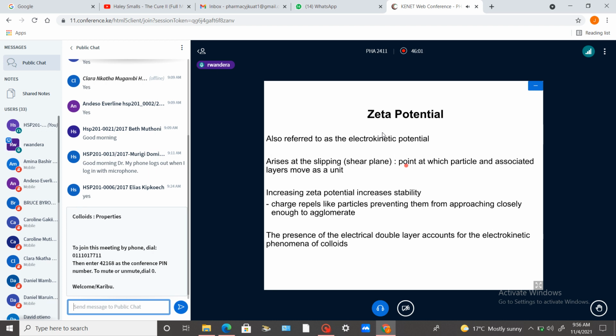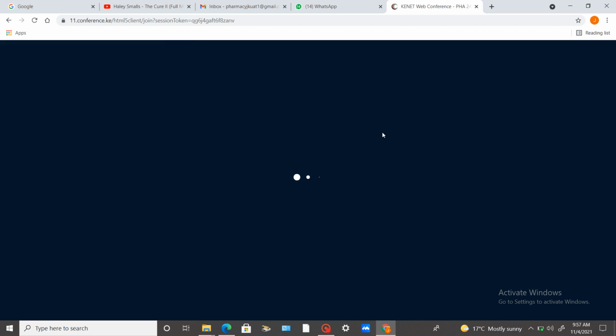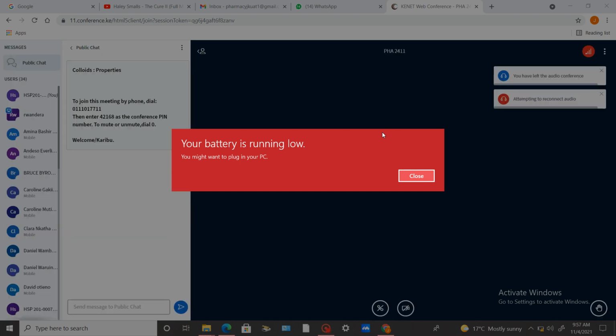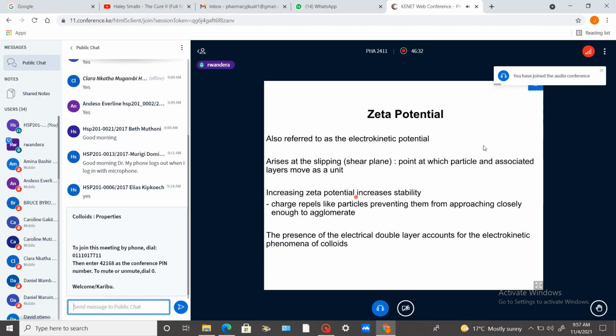This arises because when you increase the zeta potential, you increase the charge on the particles, and therefore your particles tend to repel. The dispersion tends to be stable.